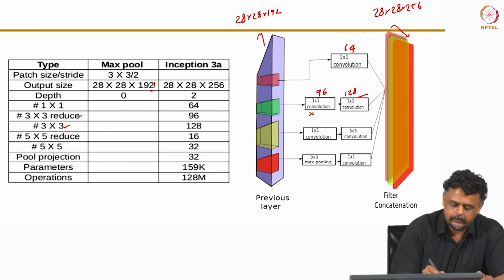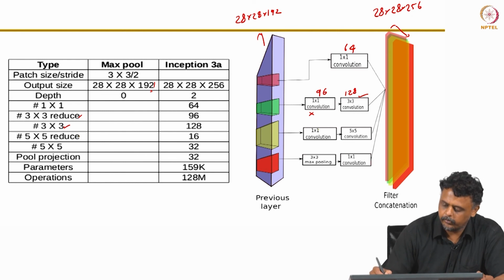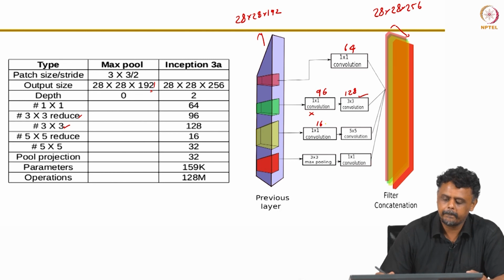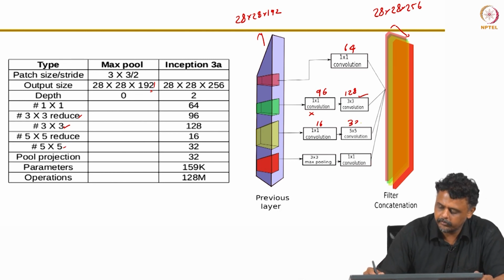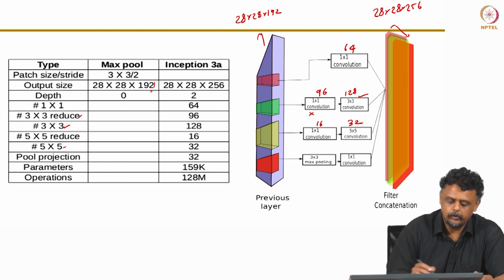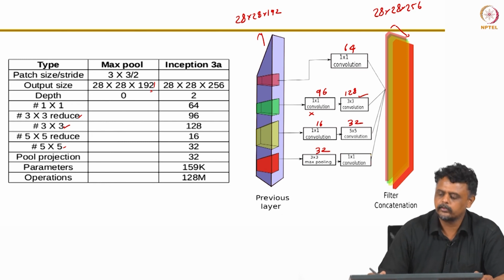Similarly, the hash 5 cross 5 reduce refers to the number of feature maps from the 1 cross 1 convolution, that is 16, and the 5 cross 5 itself produces 32 feature maps. The pooled projection layer produces 32 followed by 1 cross 1 convolution. So, that remains fixed in this case.